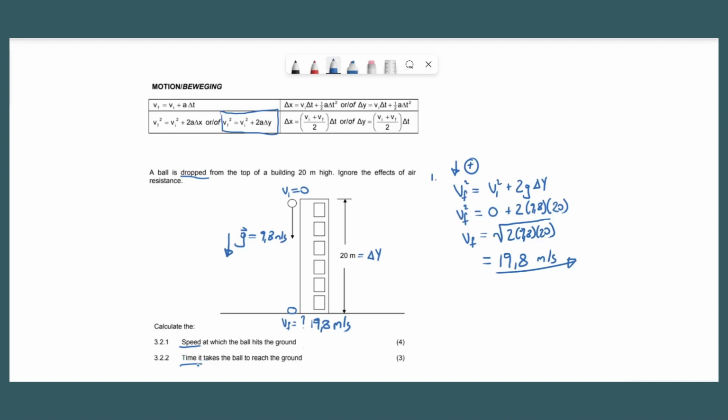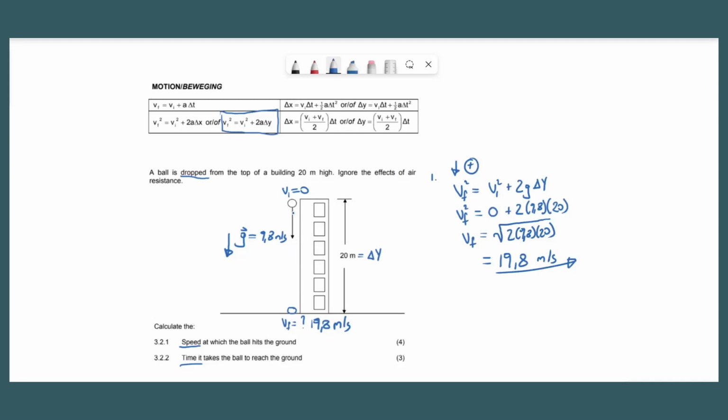And now they are asking us to find the time that the ball is going to take to reach the ground. Okay, so this is quite simple because we now do know what the initial velocity of the ball is, and we also know what the final velocity of the ball is going to be when it is reaching the ground. And we still have all the information we had.